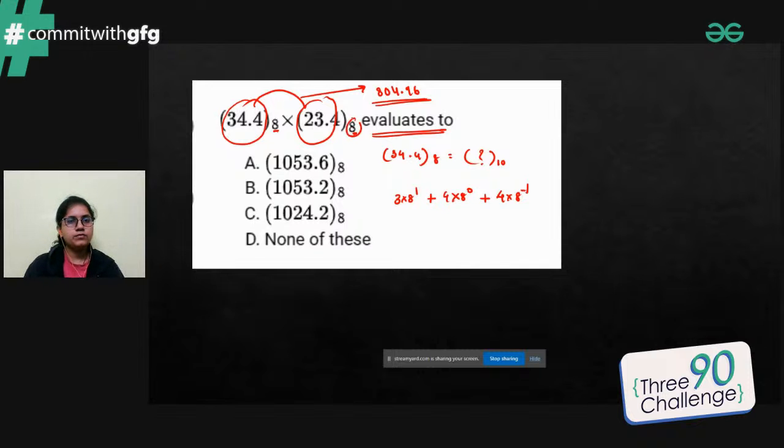Yes, we have to do mod of 8. Because if the base is 8, then every value here should be smaller than 8.